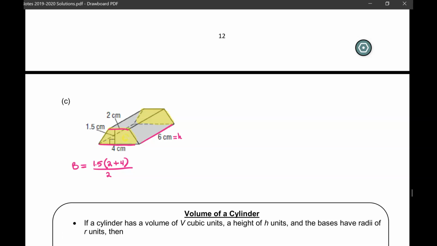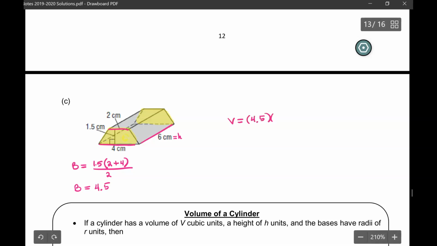So we'll get 3 times 1.5, and we get the area of the base is 4.5. So our volume, area of the base times the height, we get the volume is 27, and we have centimeters, so it's cubic centimeters.